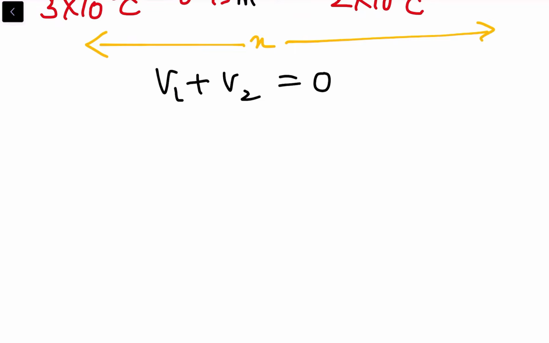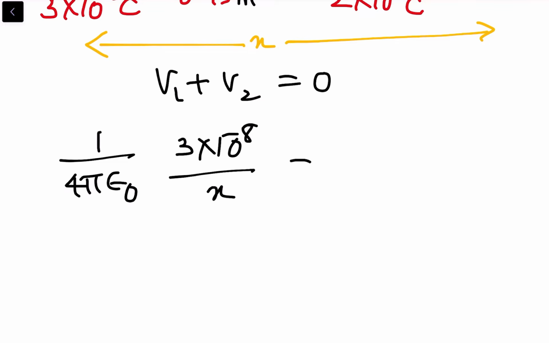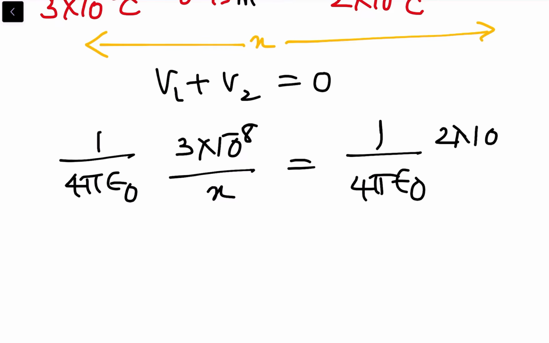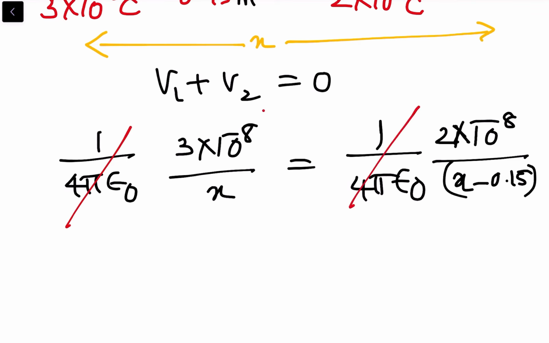That is 1 by 4 pi epsilon naught, 3 into 10 to the power of minus 8 by x, is equal to 1 by 4 pi epsilon naught, 2 into 10 to the power of minus 8 by x minus 0.15. Now this is the only difference. Cancel whatever can be cancelled on both sides: 1 by 4 pi epsilon naught and 10 to the power of minus 8.